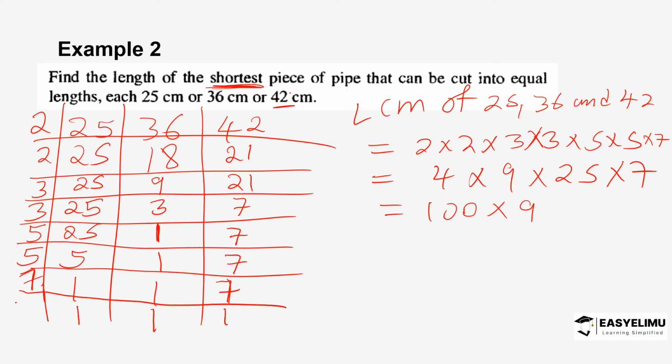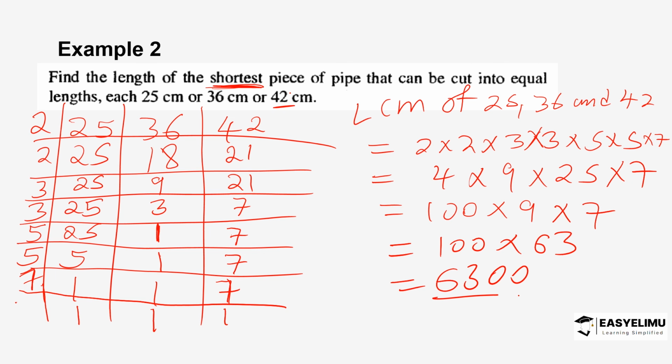So 25 by 4 is 100, and then 9 by 7. So we are having now 100 times 63, which is 6300. So that is the LCM.